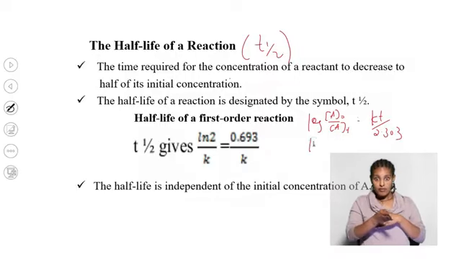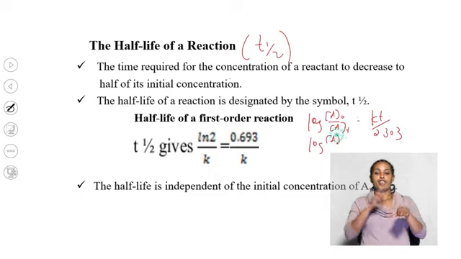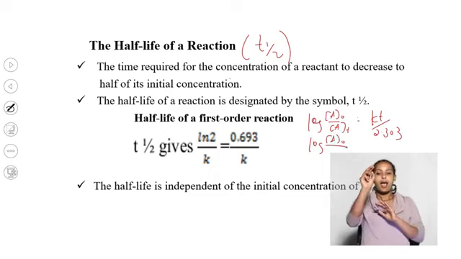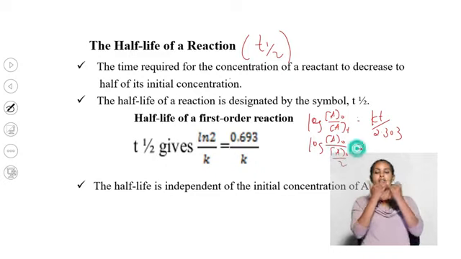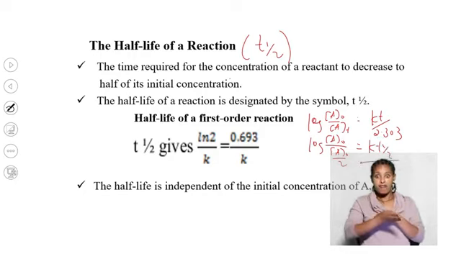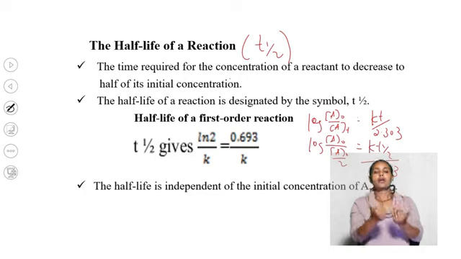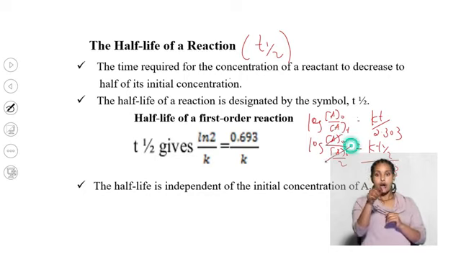Therefore, log of A naught divided by A naught over 2 equals K times T half divided by 2.303. Now A naught cancels with A naught.